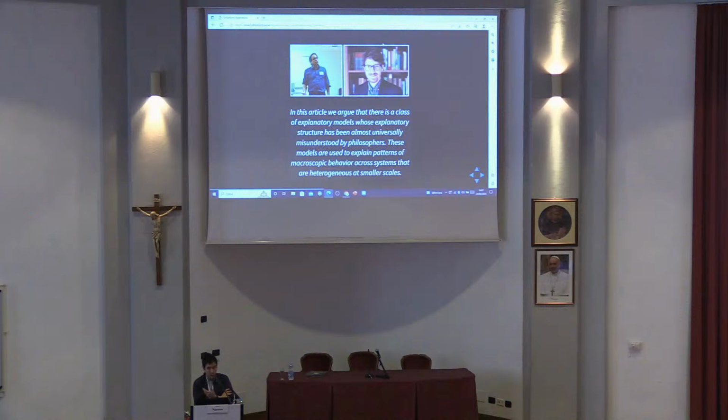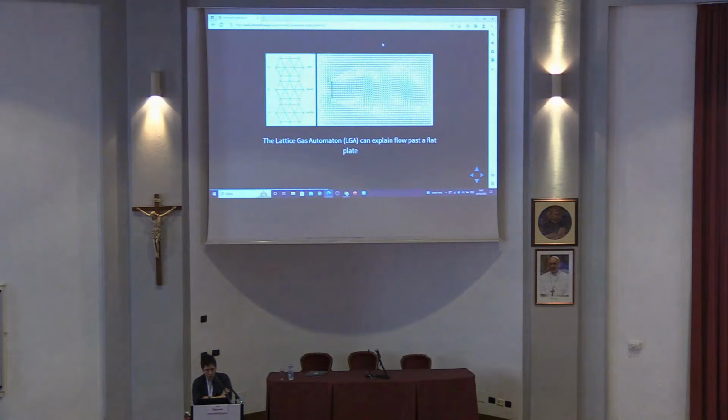So I'm going to give you an example that they use of a universality explanation. On the left is a model, the lattice gas automaton, and it's specified as depicted in this image here. You start with this hexagonal lattice, and you have a bunch of particles that are constrained to the vertices of that lattice.